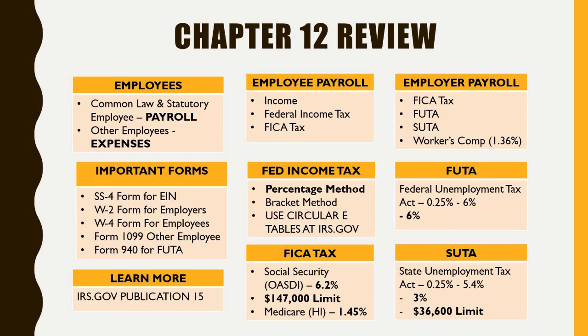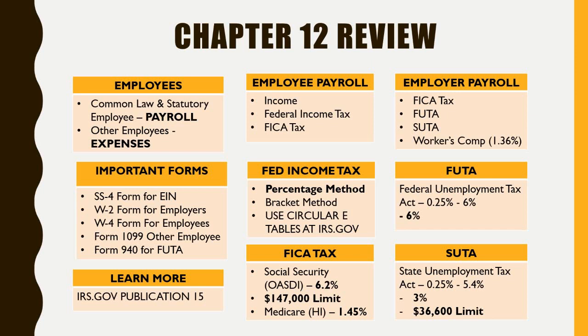Federal income tax is going to be based off of the percentage method, which you're going to utilize the Circular E table for. FICA, once again, is Social Security and Medicare, which is 6.2% for Social Security and 1.45% for Medicare. Just remember that Social Security has a cap limit on how much money you can put in.